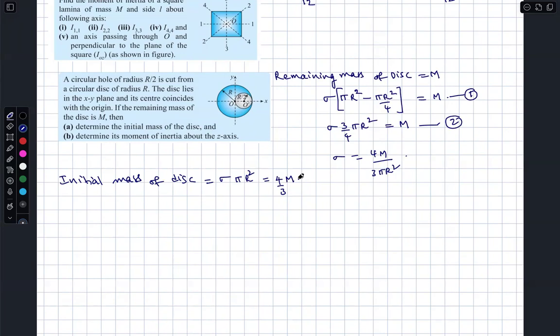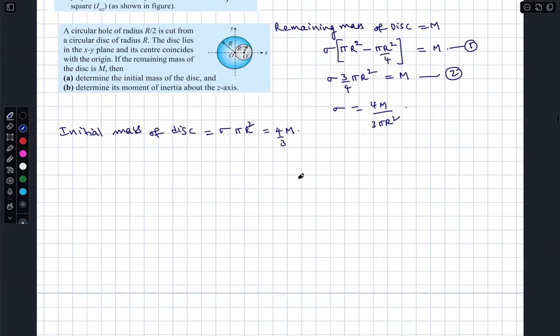Determine its moment of inertia about the z-axis. Now imagine the arrangement in a three-dimensional sense.